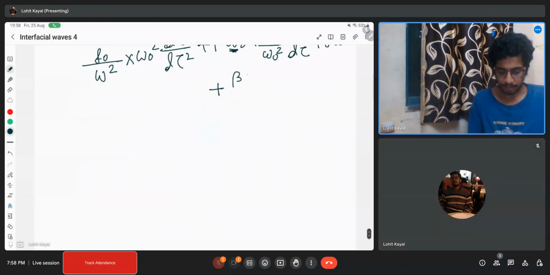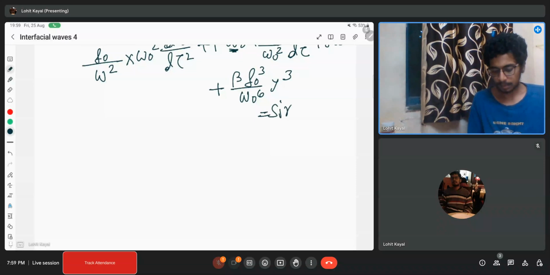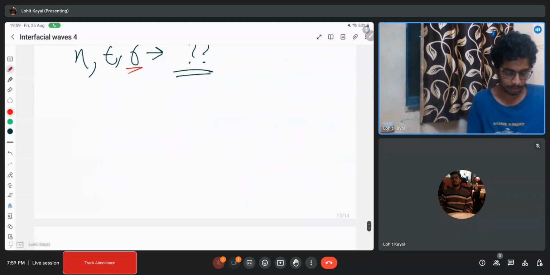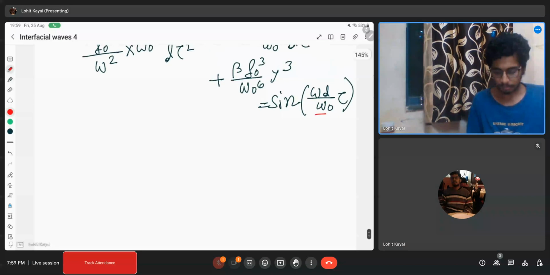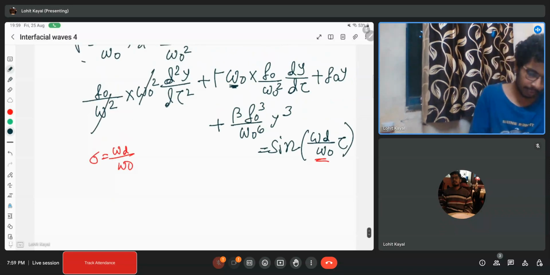So it will be beta f naught cube by omega 0 to the power 6 into y cube equal to sine omega d into t. Instead of t, we will write omega d by omega naught tau. So we have got our first non-dimensional constant sigma. We can just write sigma equal to omega d by omega naught.